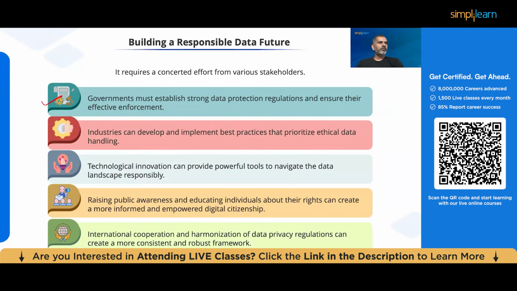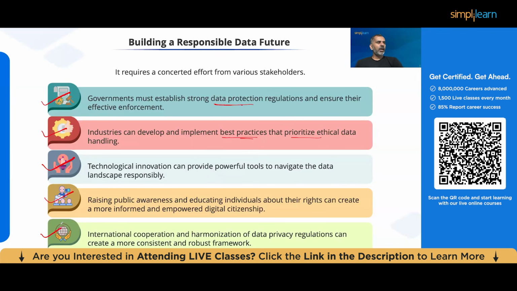We need governments to establish strong data protection regulations to ensure effective enforcement. We need industries to develop and implement best practices that prioritize ethical data handling. We need technology innovation that can provide powerful tools to navigate the data landscape responsibly. We need to raise public awareness, educating individuals about their rights, to create a more informed and empowered digital citizenship.